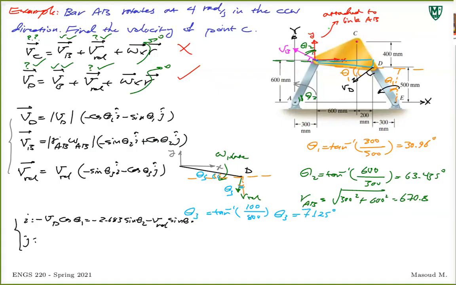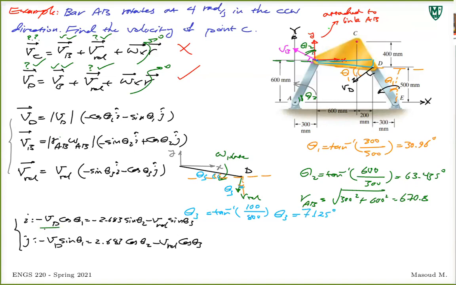These are components in the i direction. In the j direction, you'll get minus VD sine theta 1 is equal to 2.683 cosine theta 2 minus V relative cosine theta 3. All right.